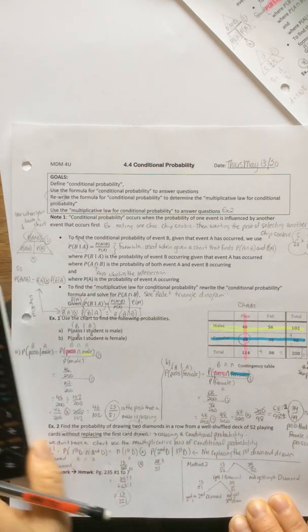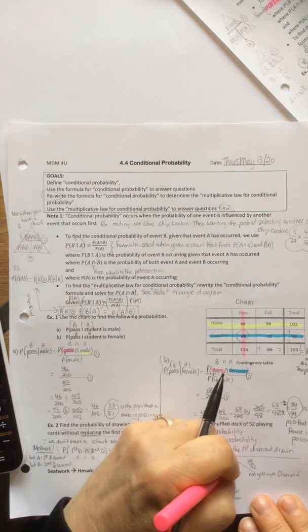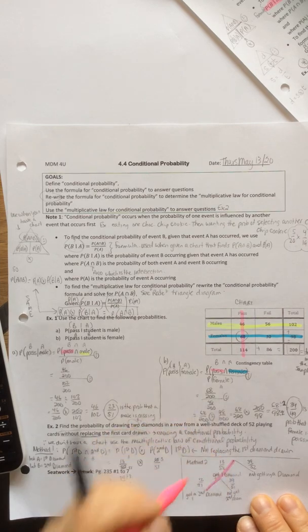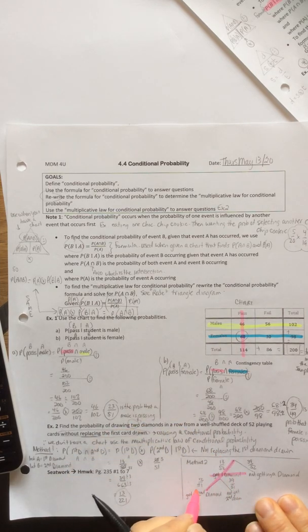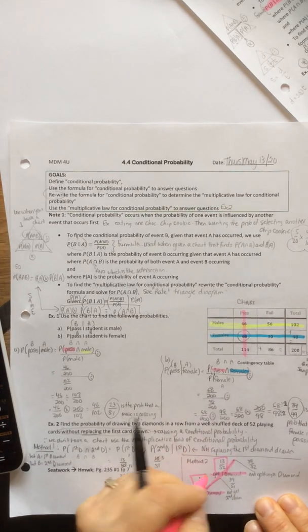Okay, well, what do we want to do? We want to travel down this, because this is getting one diamond and this is getting the second diamond. So what do we use? We use this and we use this.